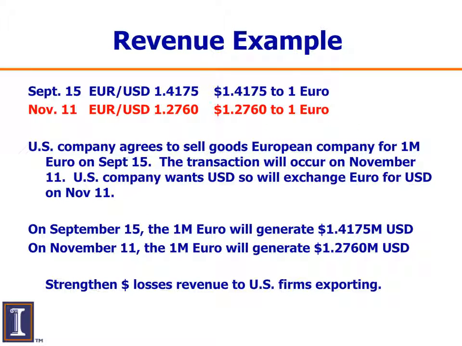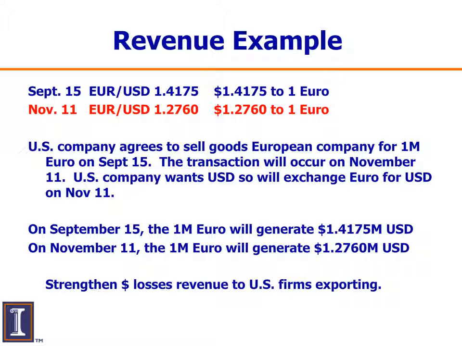I'm going to now give another revenue example, and here I'm going to use two different exchange rates, one on September 15th where the euro to US dollar was 1.4175, and on November 11th when the euro to US dollar was 1.276. Here's the situation. Let's say a US company agrees to sell goods to a European company for €1 million on September 15th, and the transaction will occur on November 11th. So there's a little bit of time between September 15th and November 11th.